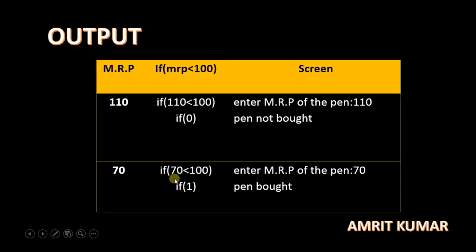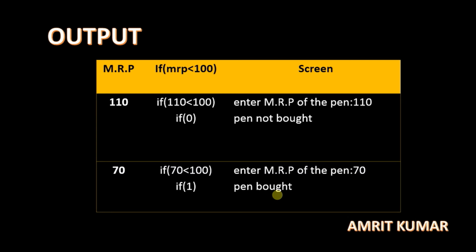So here, because MRP is less than 100, the if condition becomes true, and therefore pen bought is going to be executed. So this was the example that elaborates on the if else statements.